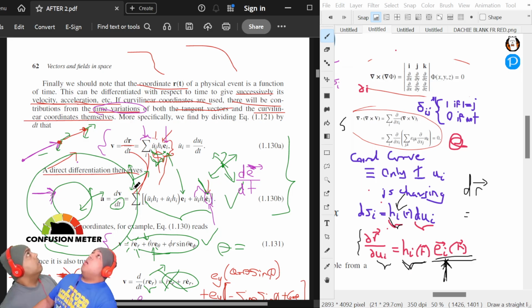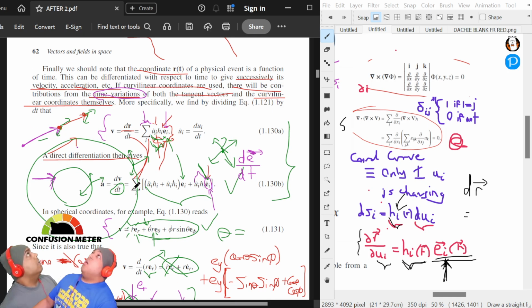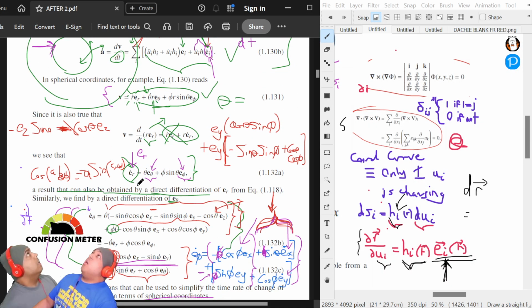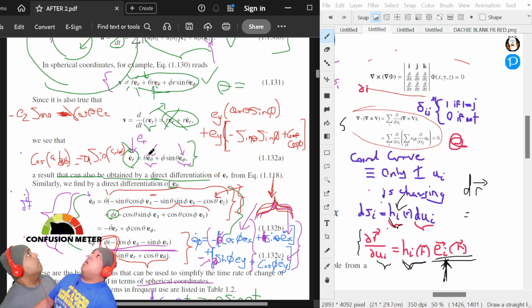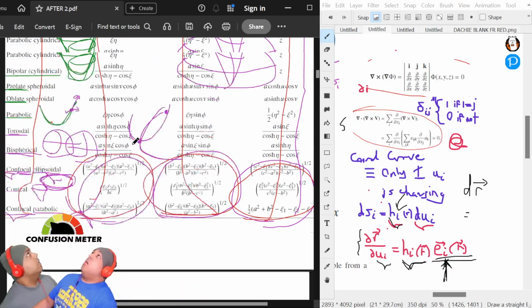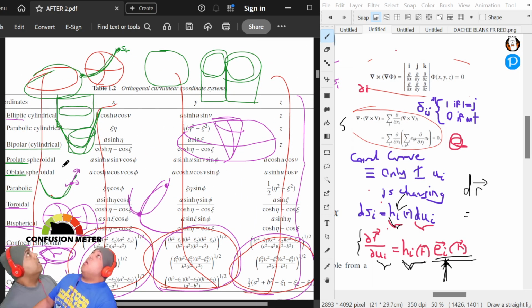I mean arrow, arrow. d/dt. Let's continue. Oh, this is the end. Okay, let's go on to XYZ for different coordinate systems.